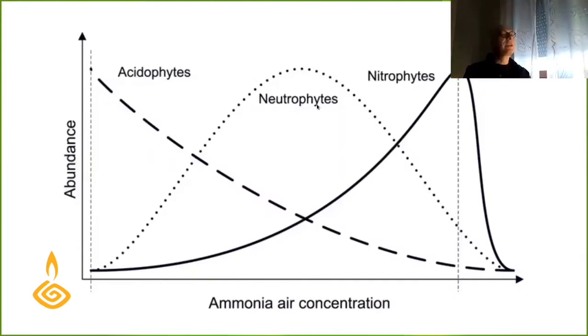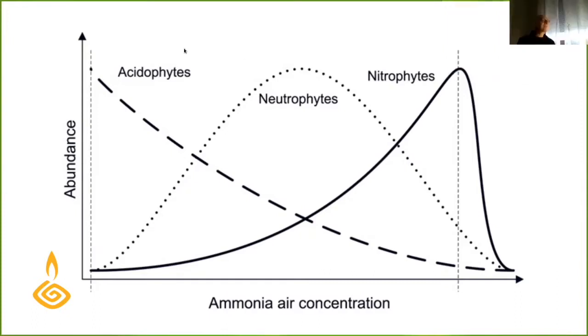And what is the relationship between the concentration of ammonia in the air and the abundance of lichens? It depends on the type of lichens and their reaction to ammonia in the air, of course. If a species is a so-called acidophyte, this means that it's sensitive to ammonia.